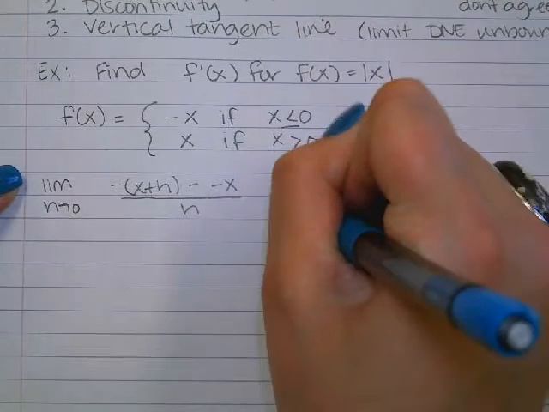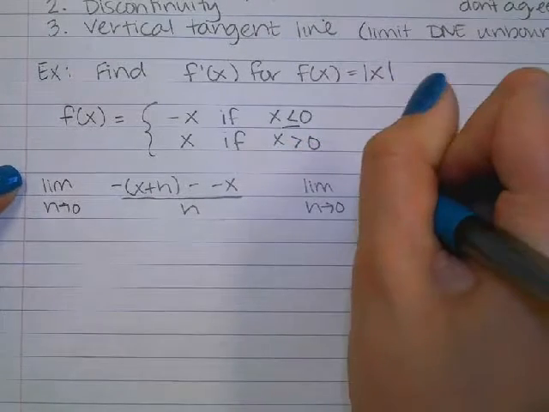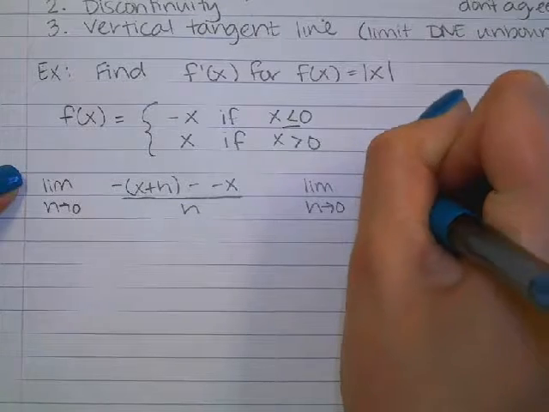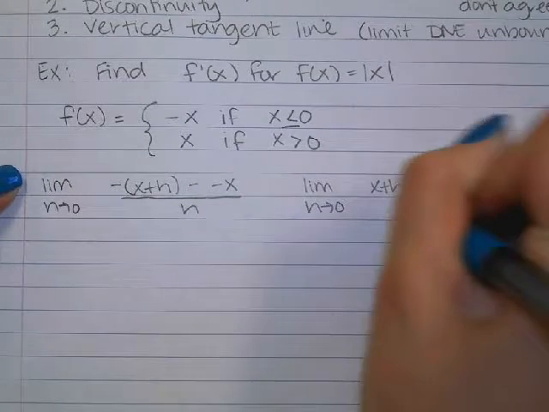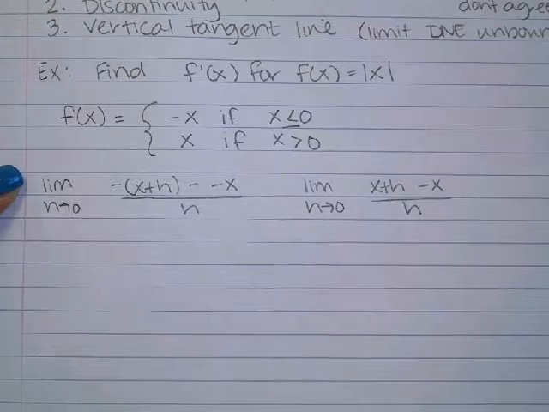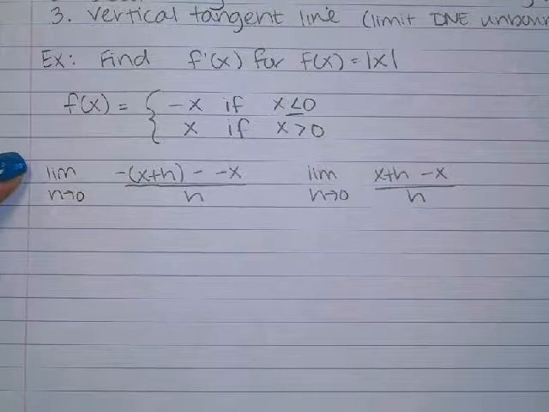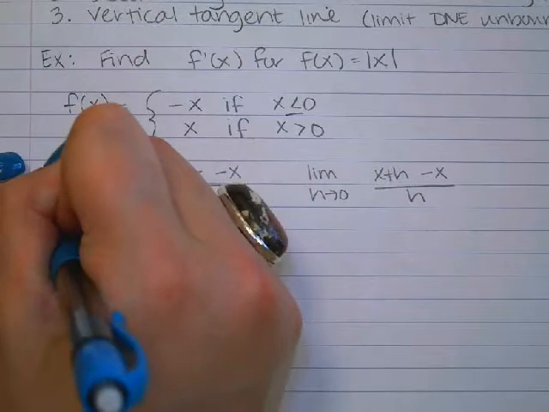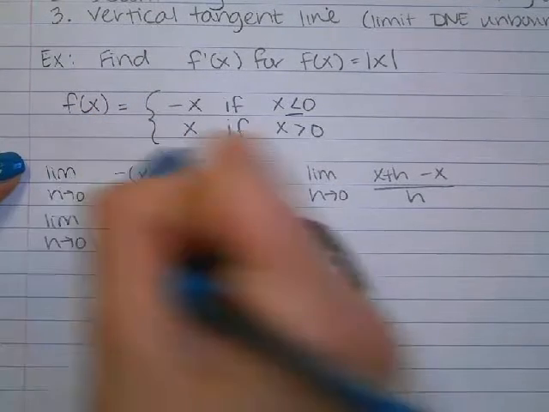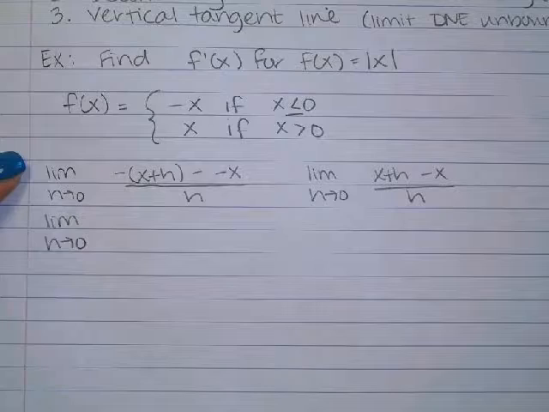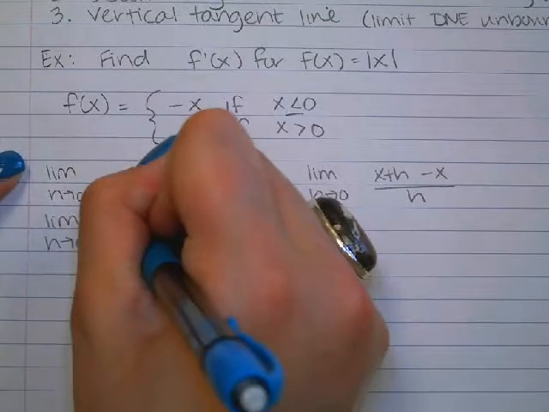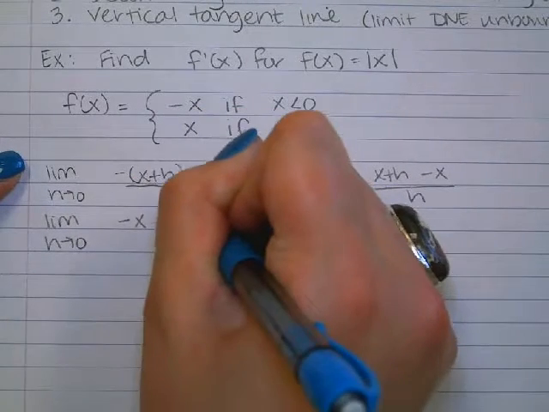The limit as h goes to 0 of x plus h minus x divided by h. We're going to go ahead and show all our work anyway. So we have negative x minus h plus x.